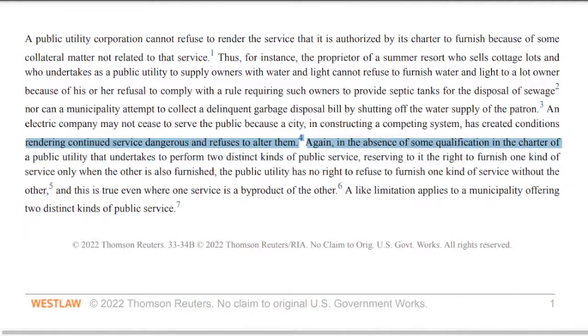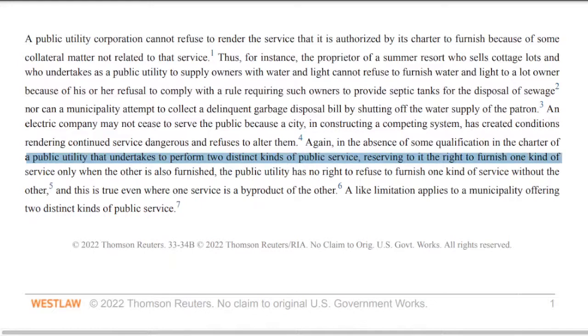Again, in the absence of some qualification in the charter of a public utility that undertakes to perform two distinct kinds of public service, reserving to it the right to furnish one kind of service only when the other is also furnished, the public utility has no right to refuse to furnish one kind of service without the other.